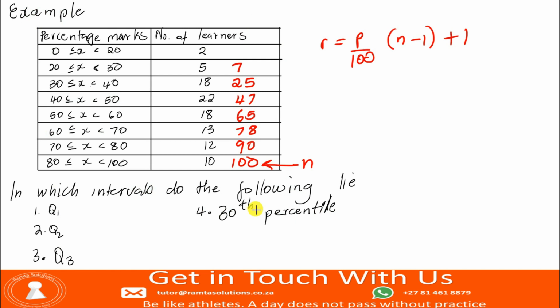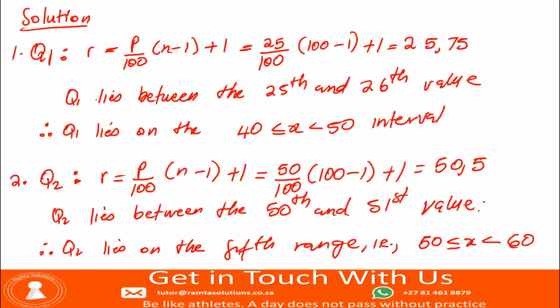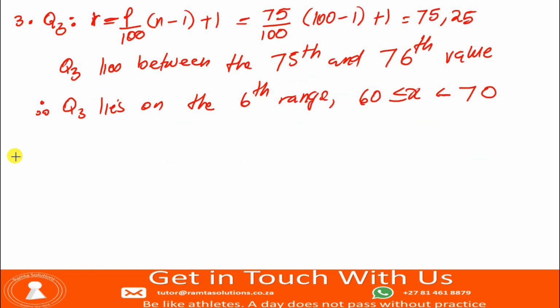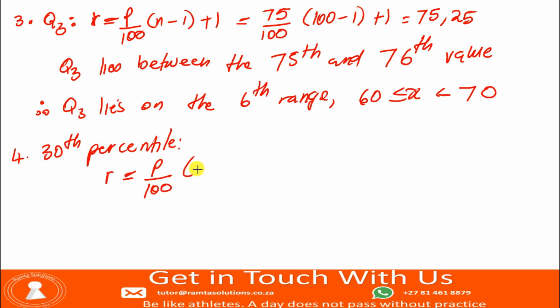Now, we're going to look at the 30th percentile as the last question. Now we're looking at the 30th percentile. Where is it? R equals P over 100, all multiplied by n minus 1 plus 1.